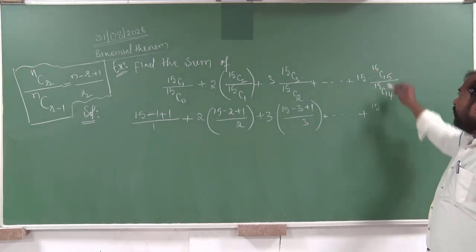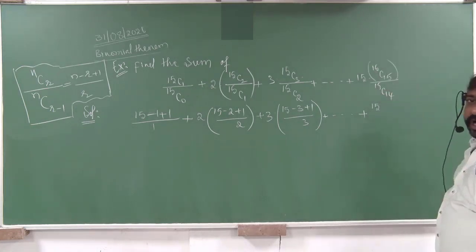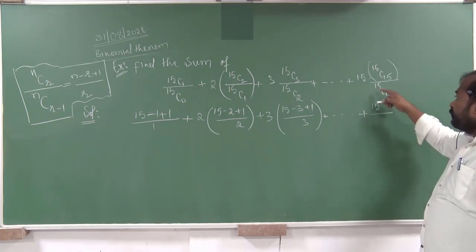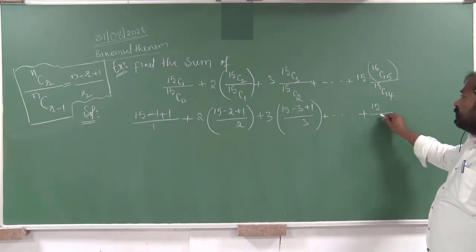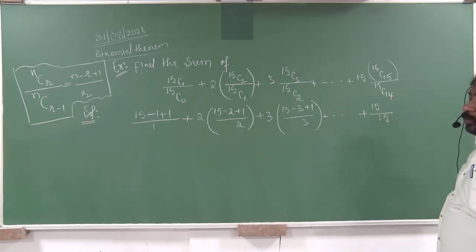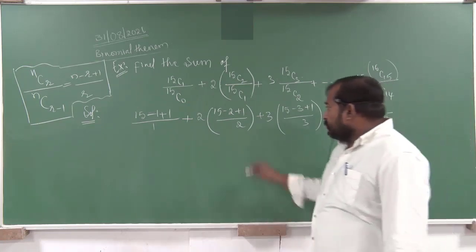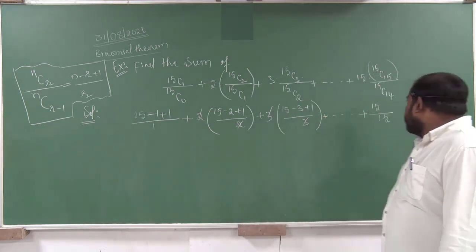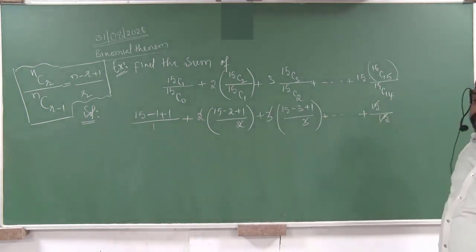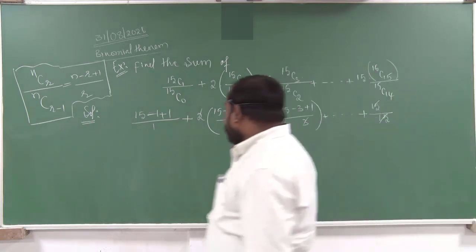At the end, 15 into 1 by 15C14, what will this value be? 15 you will get. Now listen here: these two cancel, 3 cancels, 15 cancels. Then what are the remaining values?